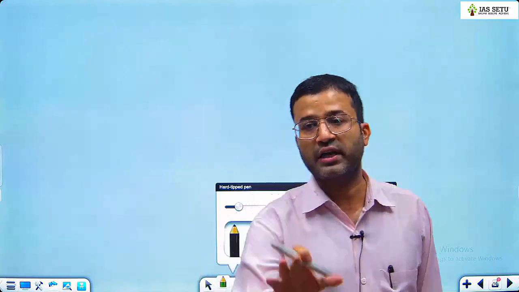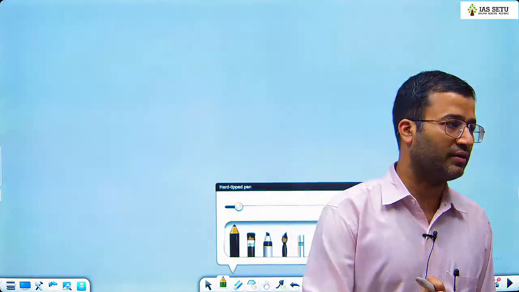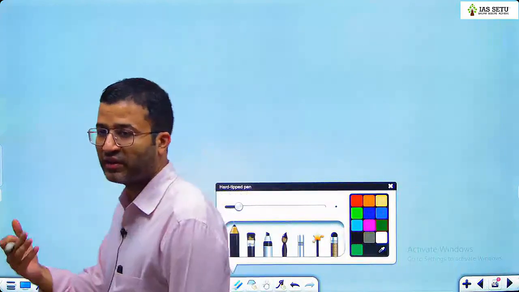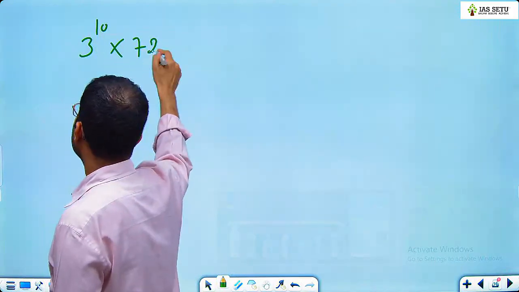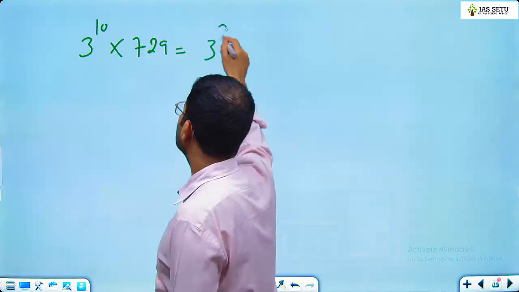See why I ask this type of question in class? Just to make you realize कि आप लोग homework नहीं कर रहे. But यह फर्क नहीं पड़ रहा अब कुछ. 3 is to power 10 into 729 is 3 is to power x.